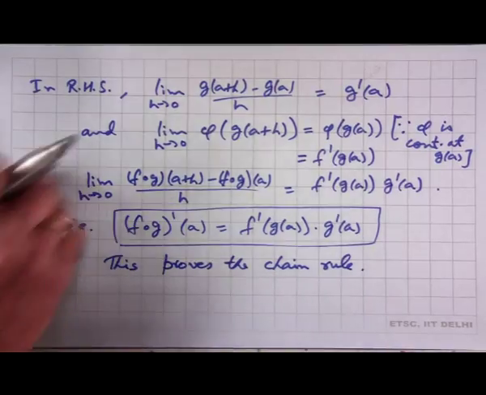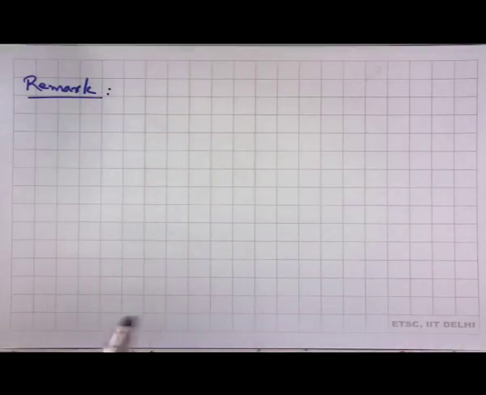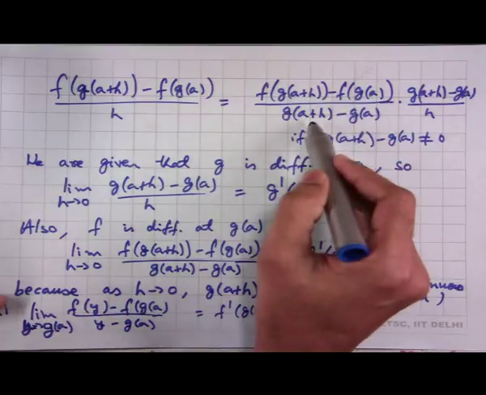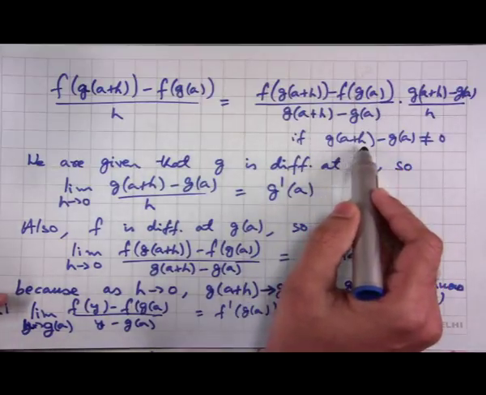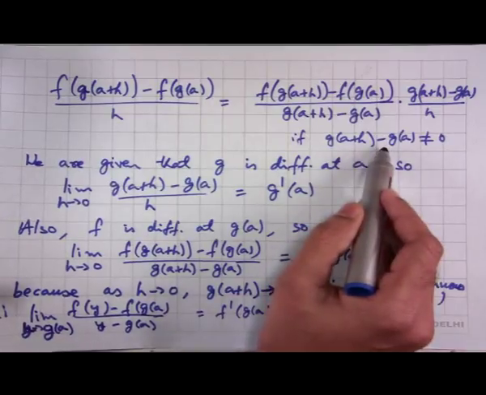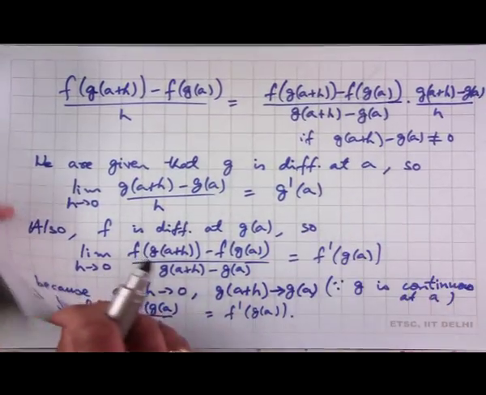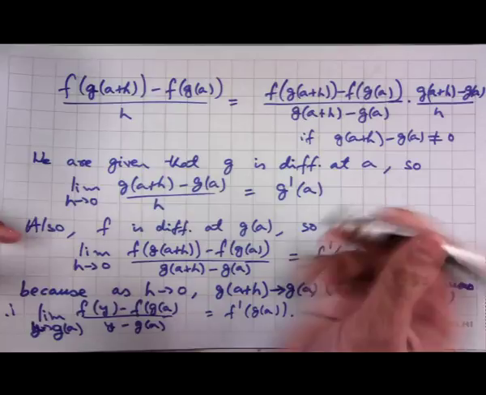So, one comment: if you see, when we wrote this difference quotient as f of g of a plus h minus f of g of a by g of a plus h minus g of a, here we have to assume that g of a plus h is not equal to g of a for small enough h. If you see, this might happen.